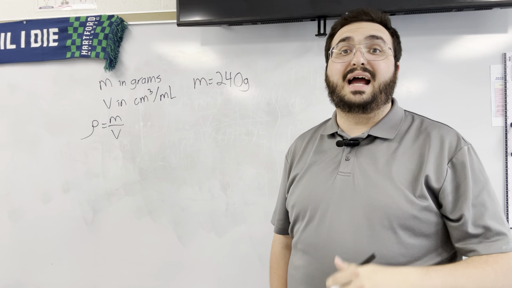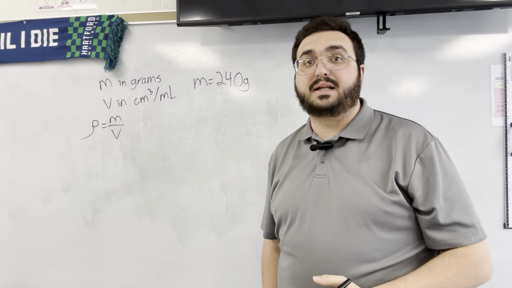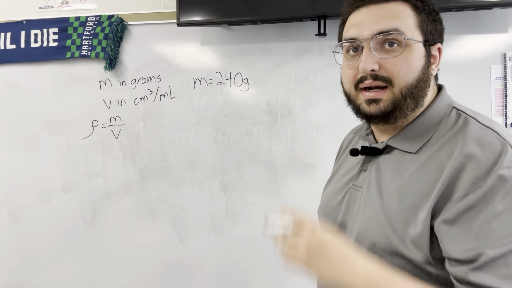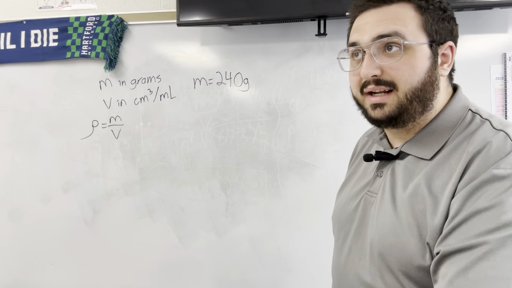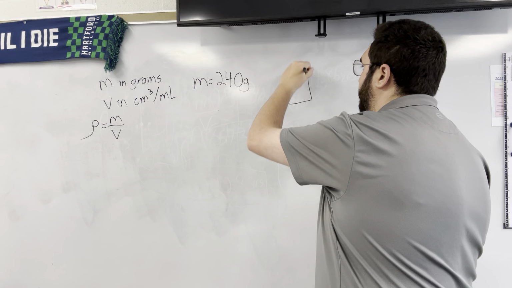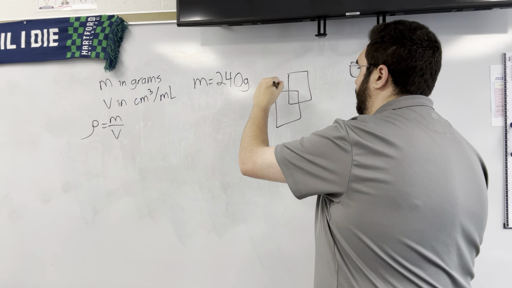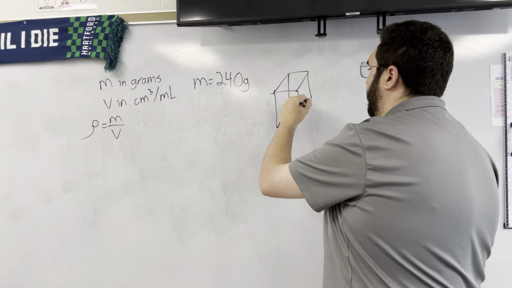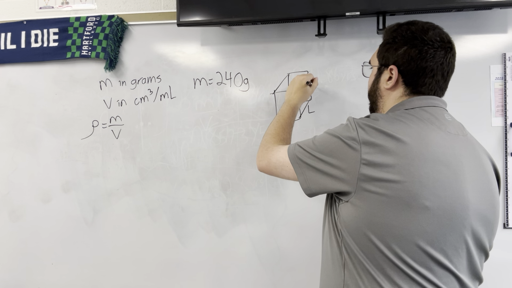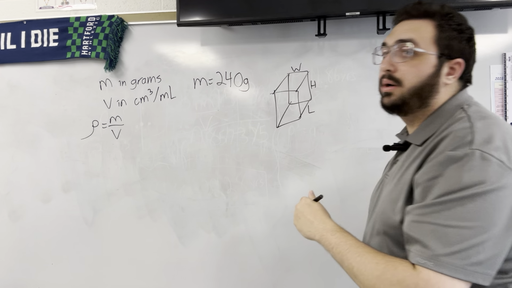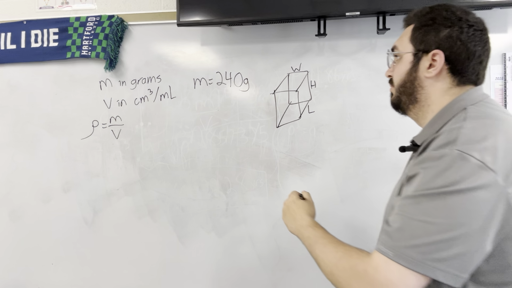And let's say I have a known volume for that cube. Now, there's a few ways we can go about doing this. Okay. Number one, if it's a cube, we can measure all the side lengths and do length times width times height. So if I have a cube like this, and I know length, and I know height, and I know width, I can multiply all three of those numbers together, right?